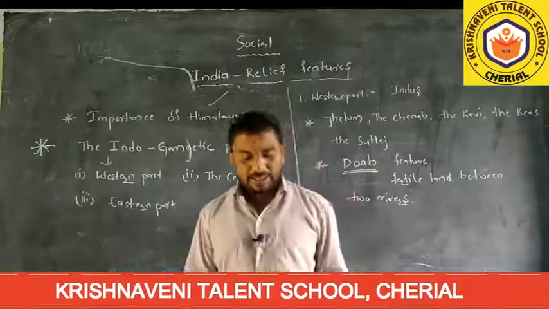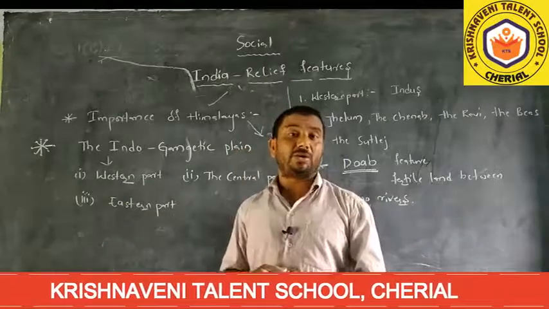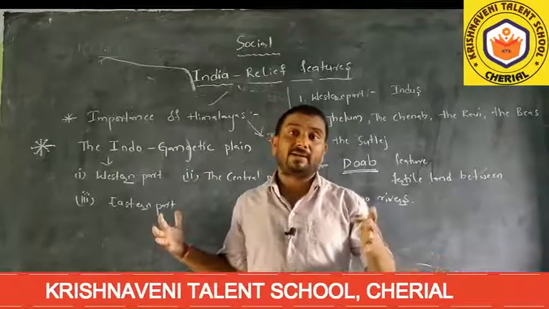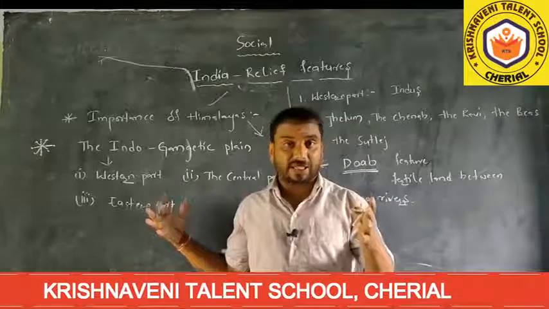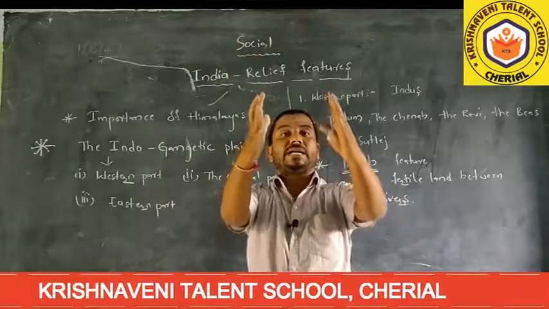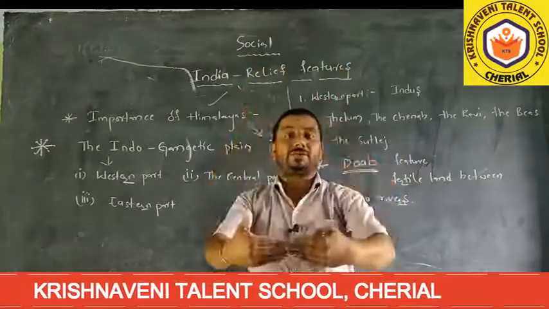The Himalayan mountains are also a natural barrier to the winds coming from the west coastal and east coastal plains, from the Bay of Bengal and the Arabian Sea.